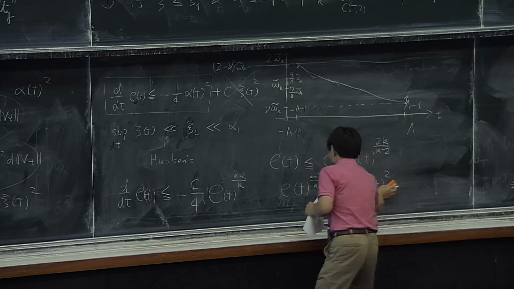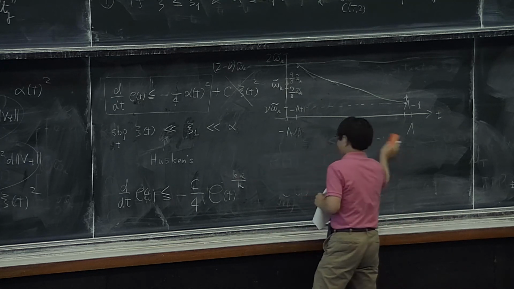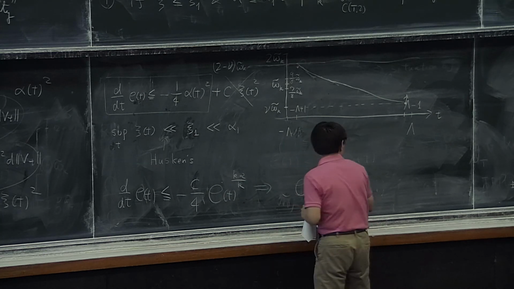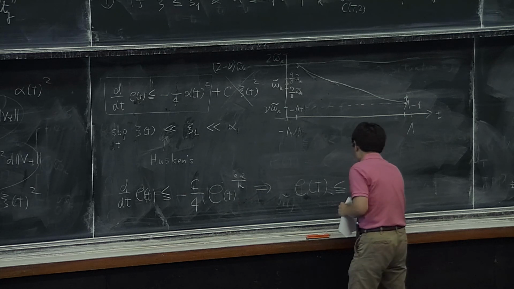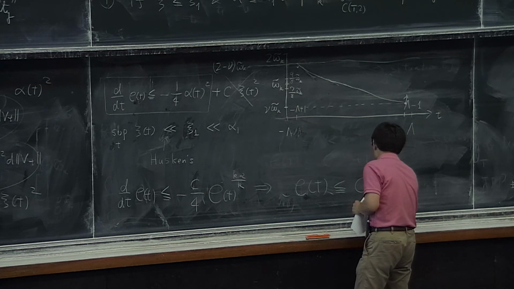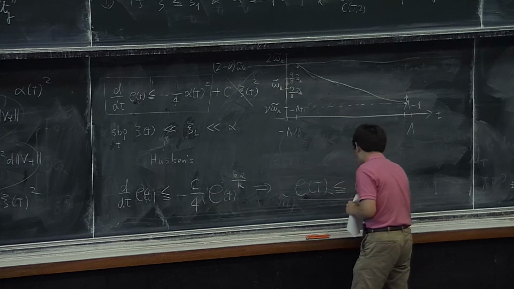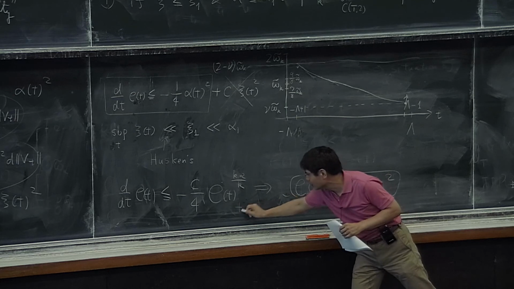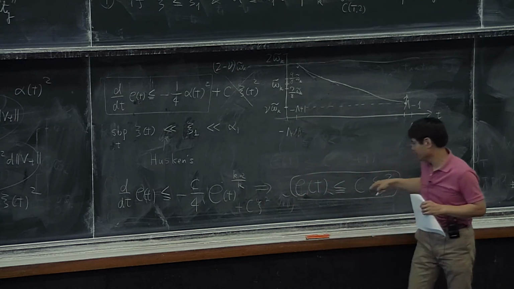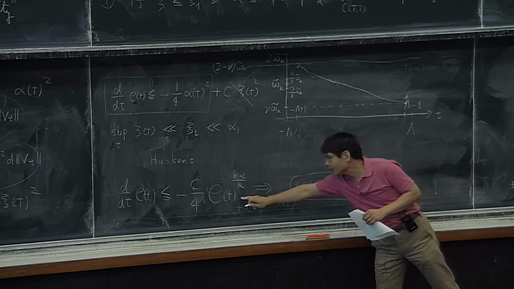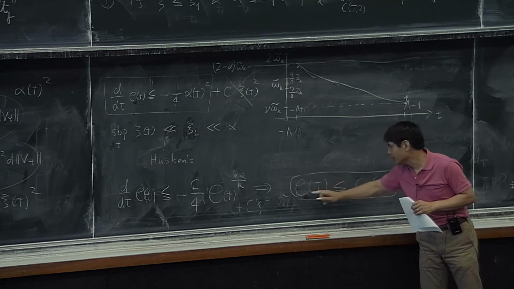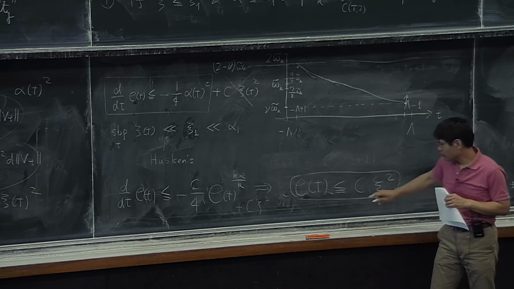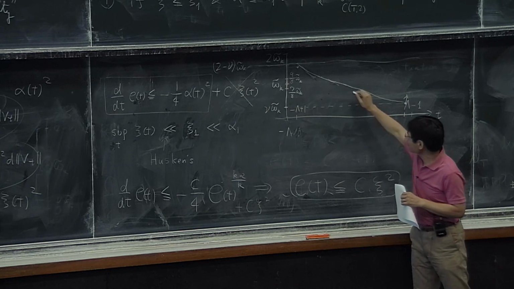Maybe I should have said that because of the error term, this is going to be c squared after some finite time. Because you have some error term of c squared, you can show from this differential inequality that in finite time this is bounded by a constant times c squared.